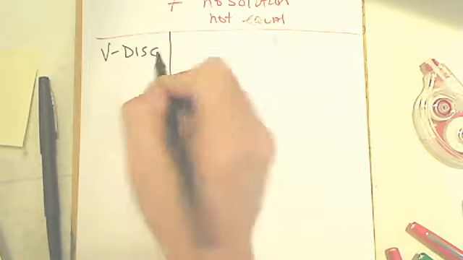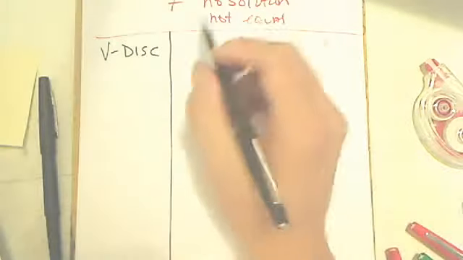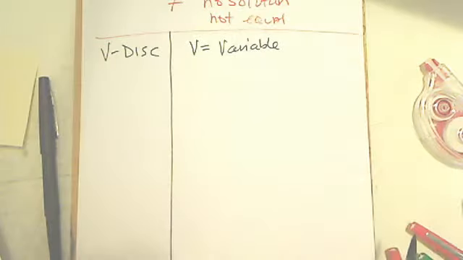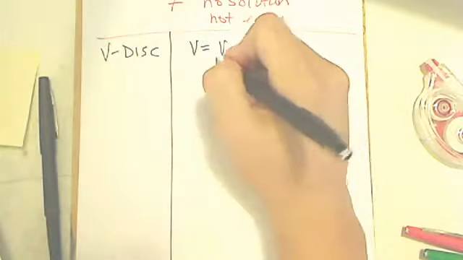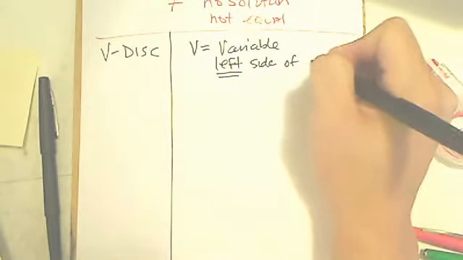VIDSC. V stands for variable. The variable now needs to be in a specific place. It needs to be to the left side of the sign.